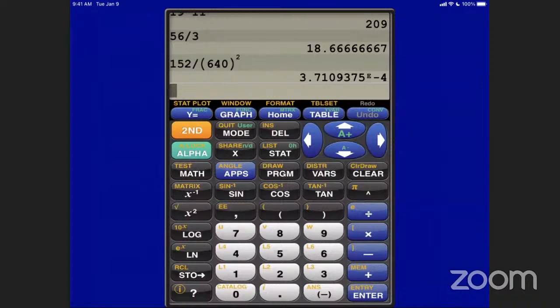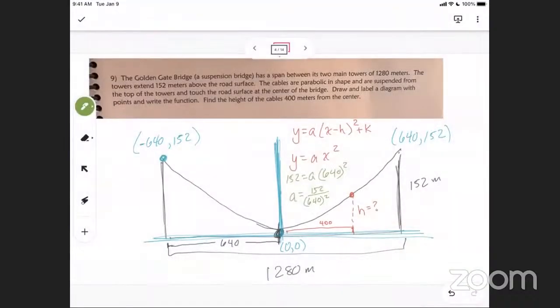You understand how you can do that using your calculator? So 0.000371, three zeros and then 371. A equals 0.000371.